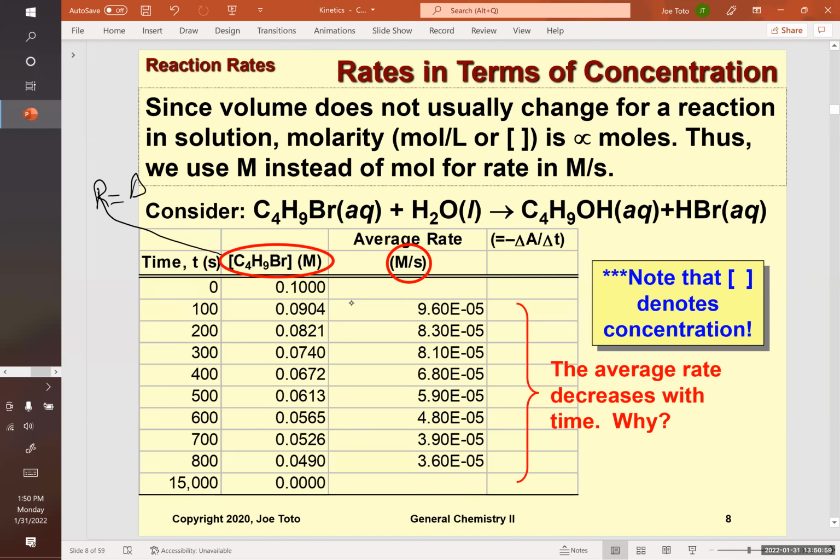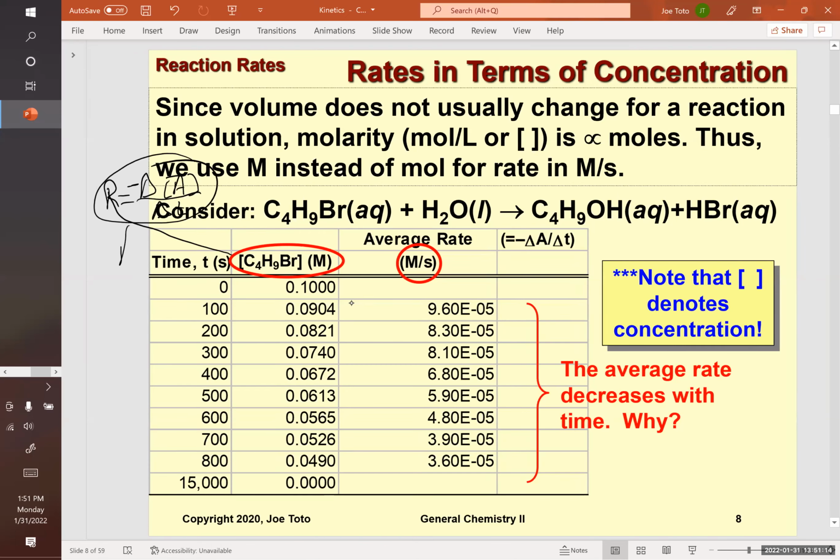So it's delta, the change in the concentration of, say, A over delta t, and not moles. But that doesn't add any more complexity to the previous equation. It just adds in a constant, right?